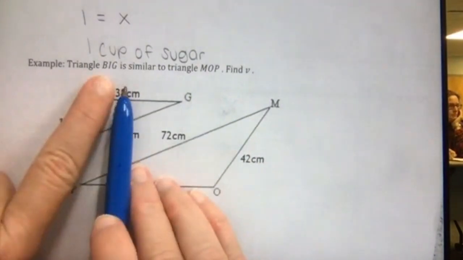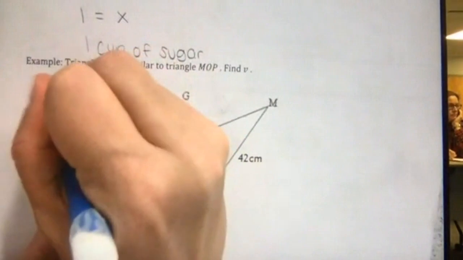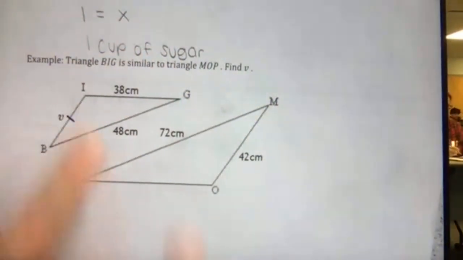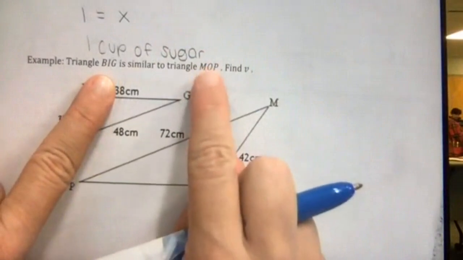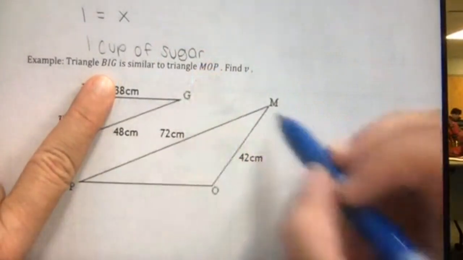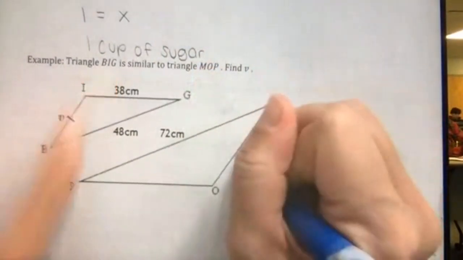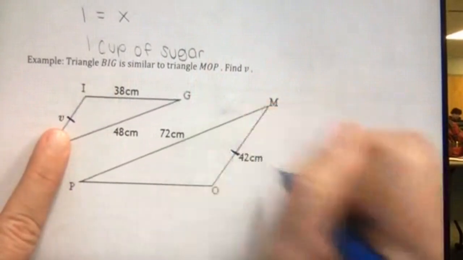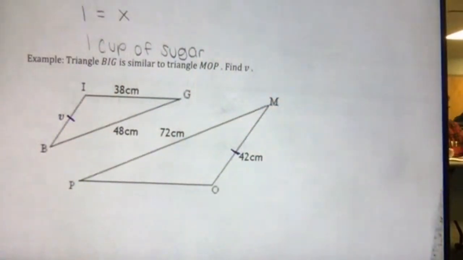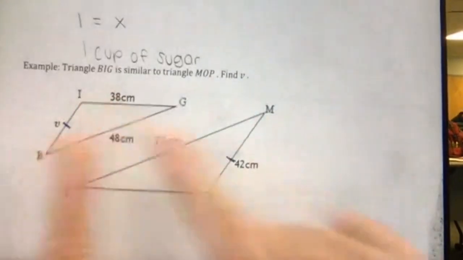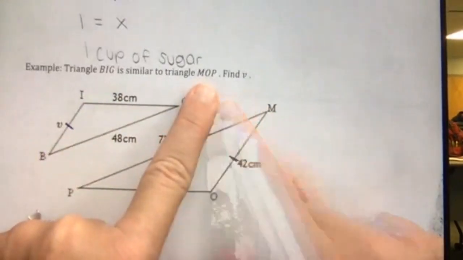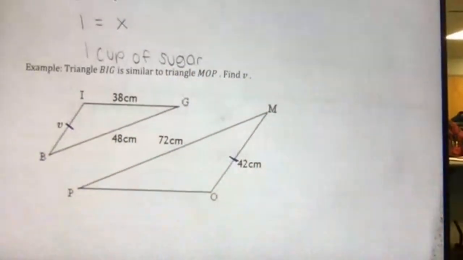From B to I is this side right here. That's our V side, right? See how it's the first two letters? It matches up with the first two letters over here, MO. So here's my MO side. That side matches up with this side. Do you see how I'm looking at the letters to correlate? The first two letters are BI, so our BI side matches up with the first two letters over here, which is MO.